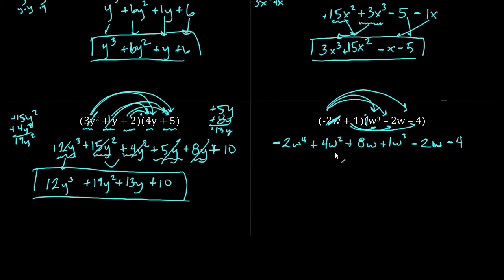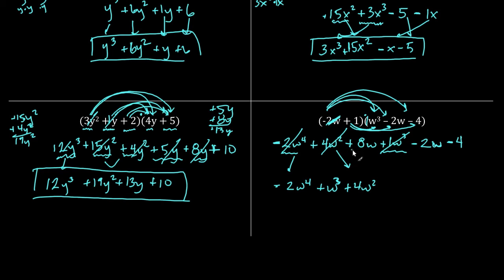Now all I gotta do is combine the like terms. So W to the 4th power. Do we have any more? No. So bring it down. W to the 3rd power. Yes, we have one right here. Do we have any more? No. So I'm going to write it as plus W to the 3rd power. Remember, the 1's there, but I'm going to leave it off. W to the 2nd. There's no more. I just bring it down. 4W to the 2nd power.